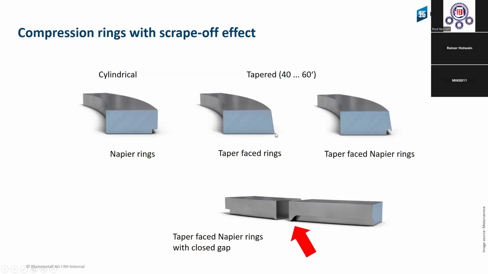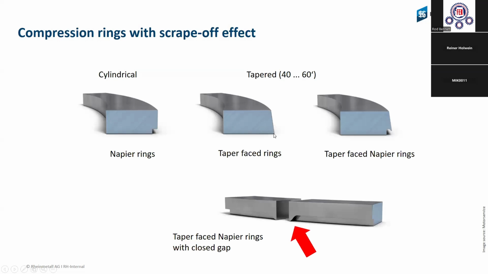And this small contact area, and also the pressure behind the ring, pull and press the ring with a high tension to the surface of the cylinder liner, and it has a very good sealing effect.